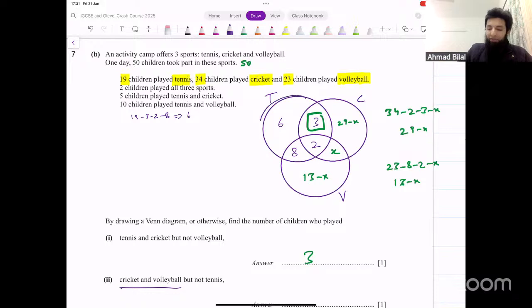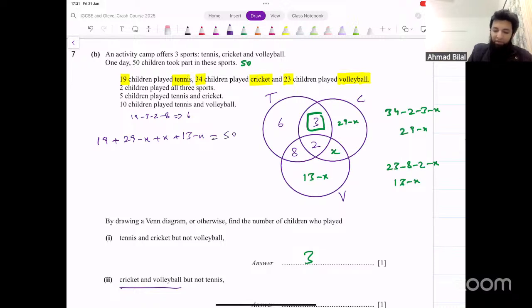Now, inside the tennis circle, we already know the total number is 19. Let's write that. To 19, now we can add 29 minus x, that's one number, and then x, that's another number, and then 13 minus x, that's another number. Let's add them up together here. This total has to be 50.